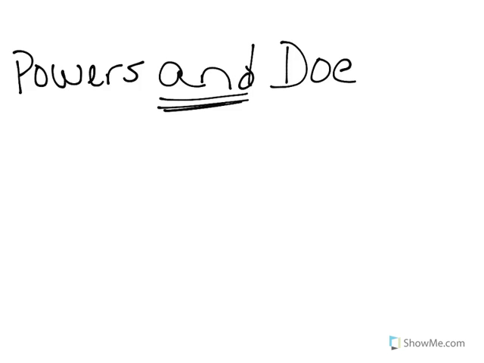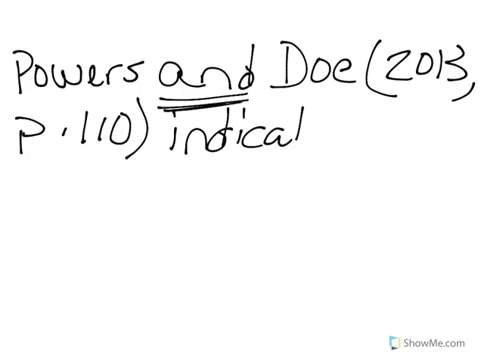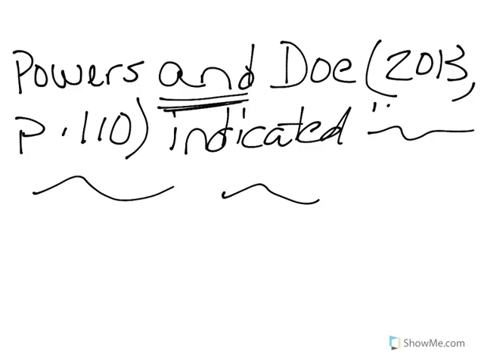If it's in your writing, you're going to say Powers and, spelling out and, Doe (2013), comma, P, period, space, 110, indicated blah, blah, blah, in parentheses, period. Punctuation inside the parentheses at this point. So that's the other thing that you need to know.